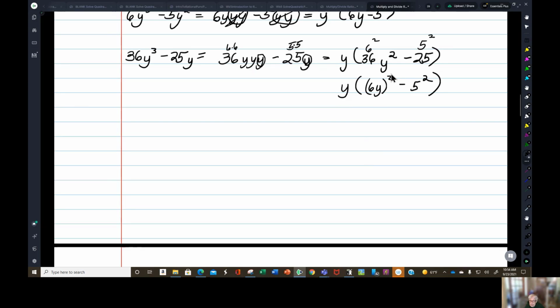So now I can factor the leftovers by the difference of two squares. That will be y times two sets of parentheses: 6y and 6y, 5 and 5, plus and minus.